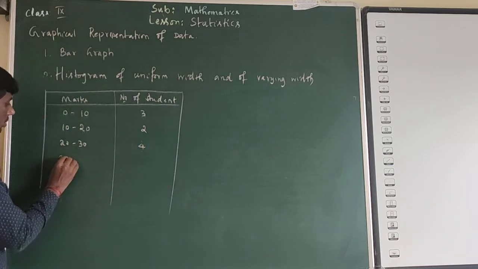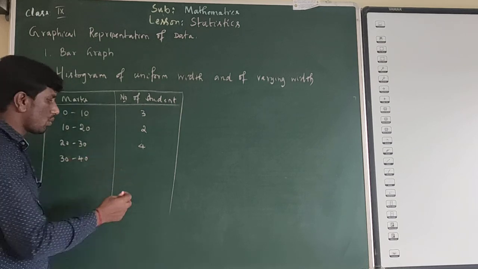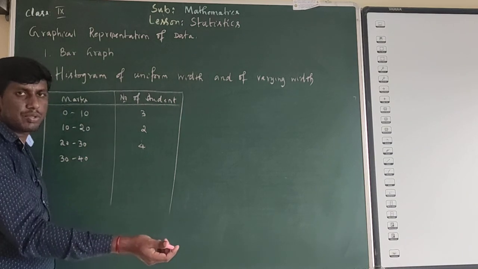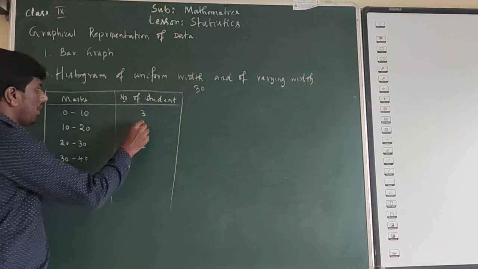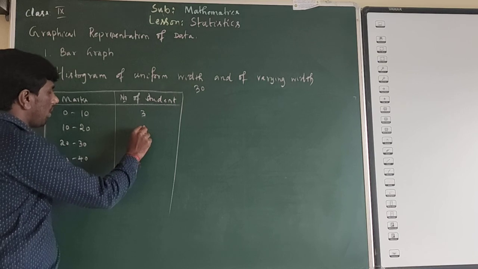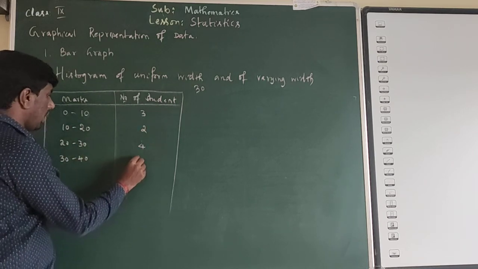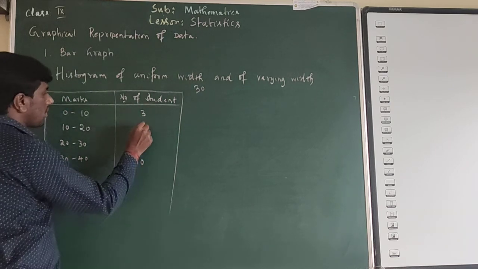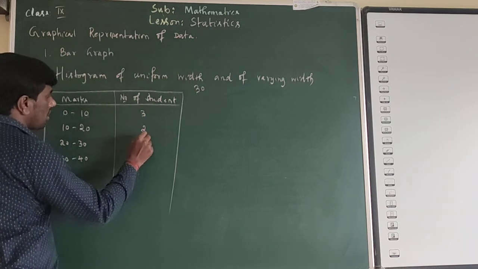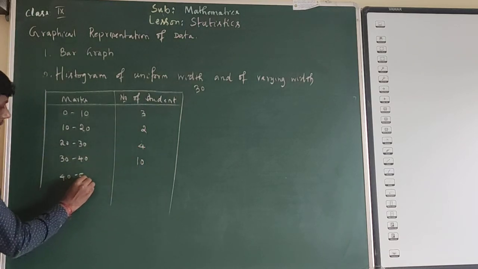Now 30 to 40. I'm having a larger number of students here. How many students do I have in the classroom? Let's suppose I take it as 30. So 30 to 40, let me take 10 students. Then 40 to 50, 15.